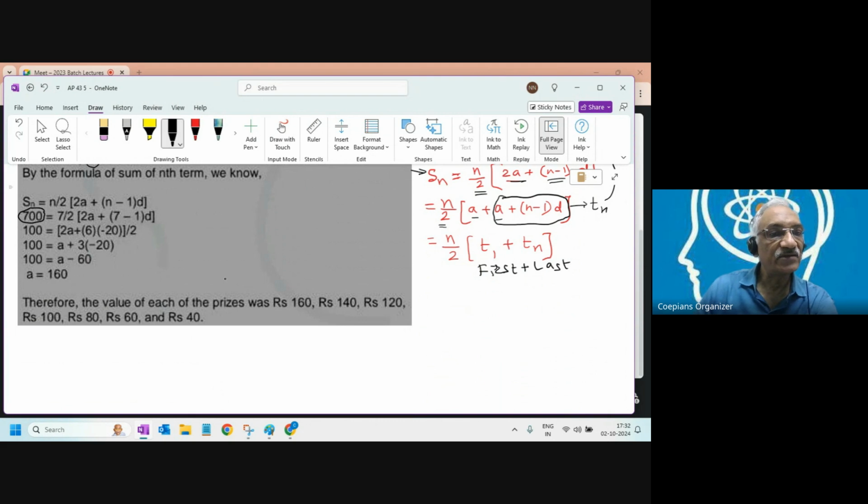So 700 is equal to 7 by 2 into 2a plus 7 minus 1 into d. We already know d is minus 20. So it becomes 100 equals 2a plus 6 into minus 20.